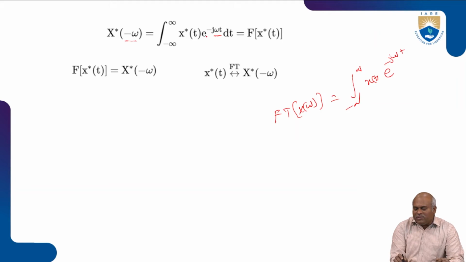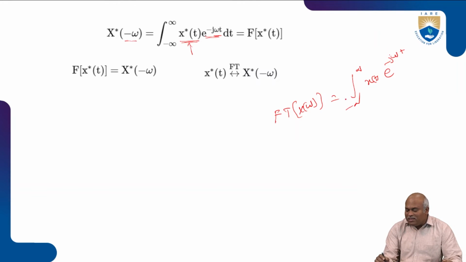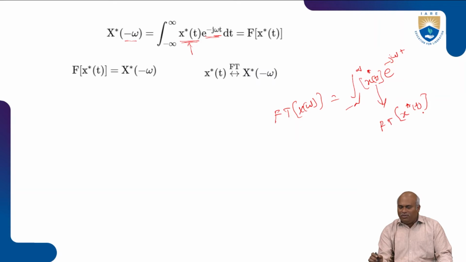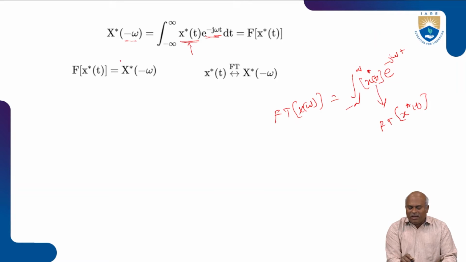Now here you see there is minus omega t, and at the same time here it is represented as x star of t. So this term is represented as the Fourier transform of x star of t. Now if we take the complex conjugate of the Fourier transform, we get the output X star of minus omega.